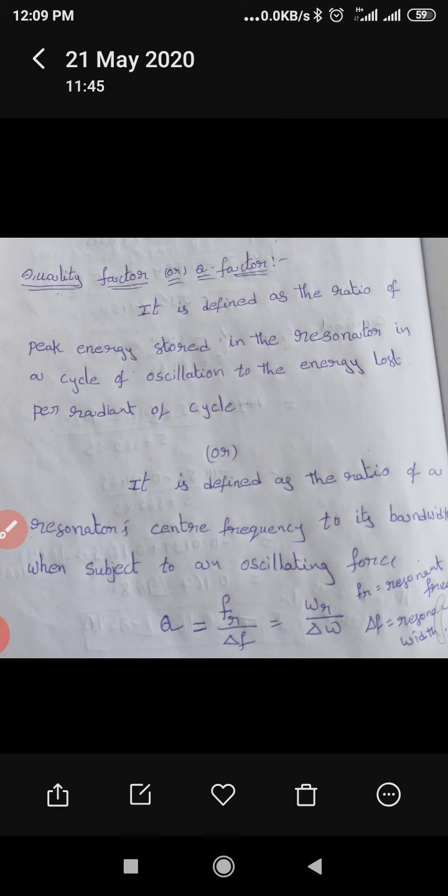And third one, if the quality factor is in medium range, that means equal to 0.5, then the system is called critically damped. So practically this quality factor is between 0 to 1. Depending upon these quality factors only the system is designed. So this is about the quality factor.